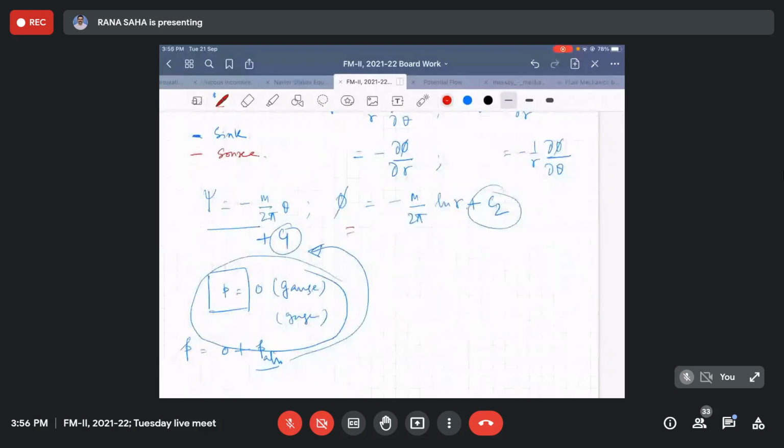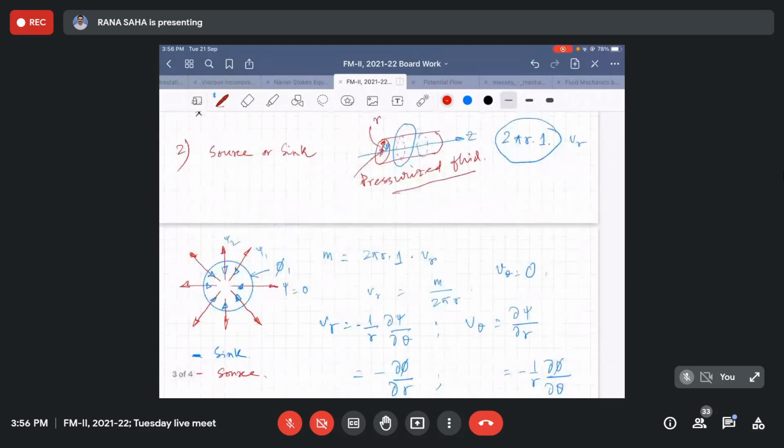Vortex and the source-sink are, you can say, a complementary set. In case of a sink or source, the stream functions are radial, and the potential lines are concentric circles. In case of vortex flow, the representation is just the reverse.